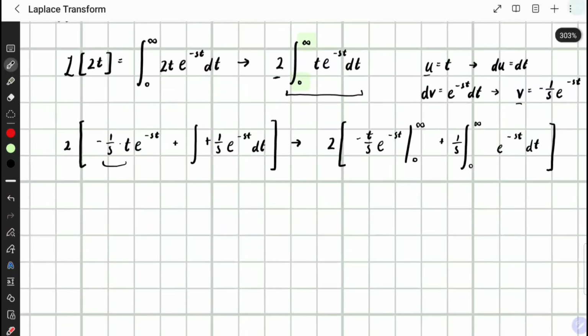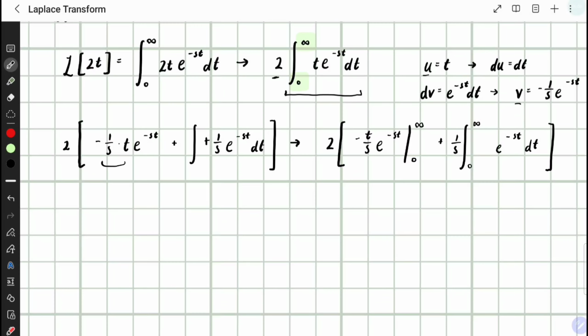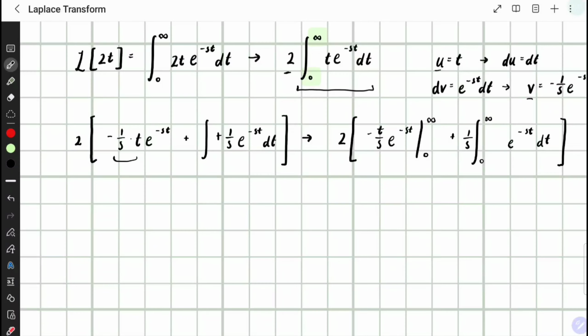Cool. Evaluating this first expression here, plugging in infinity and 0, we get infinity over s, that's irrelevant because we have infinity in the exponent, but it's negative, so it's in the denominator of the fraction. 1 over infinity is essentially 0. Minus, if you plug in 0 here, 0 for t cancels out everything else, minus 0.